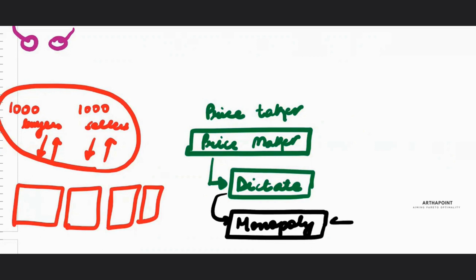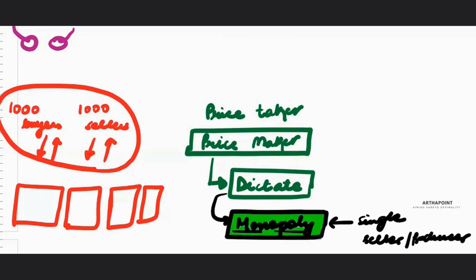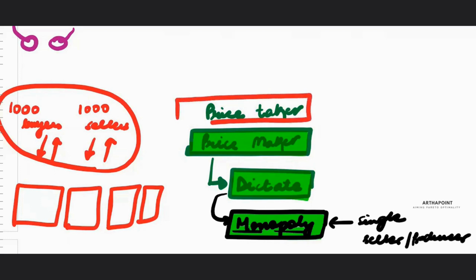Monopoly is when you have a single seller, a single producer; mono means single. Whenever we have a single producer, he can tell that this is the price at which I want to sell. So in a monopoly, we have basically a price maker, a single person who is dictating what price will exist for his product. As against that, in a perfectly competitive market, we have a price taker.